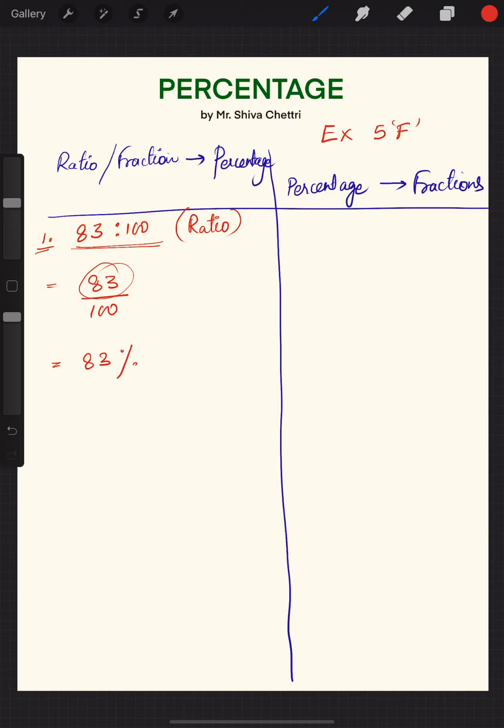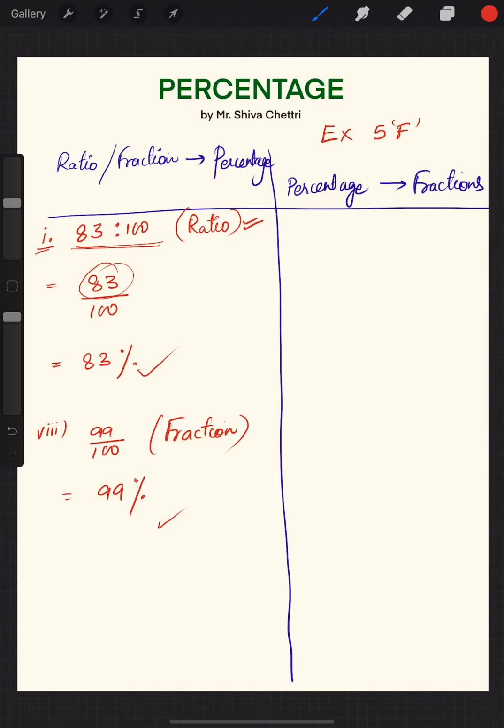Simple. And for question number 8, here it was a ratio, now it is a fraction. So we'll just write 99 by 100, which means 99%. Done. This is the answer.